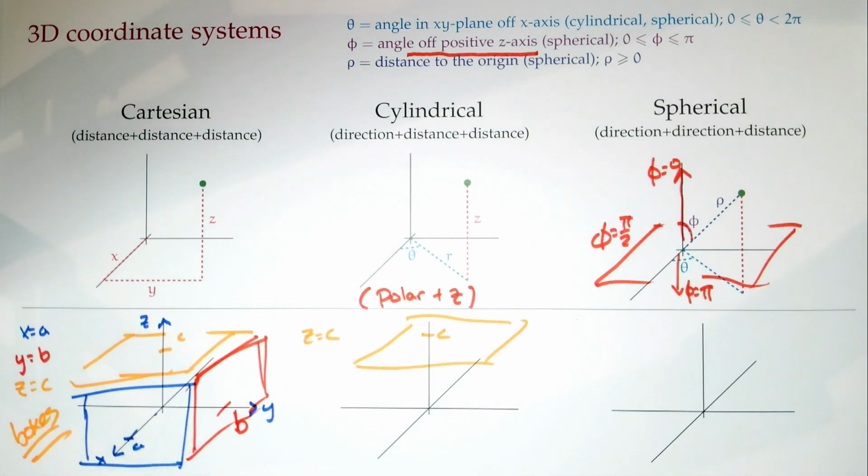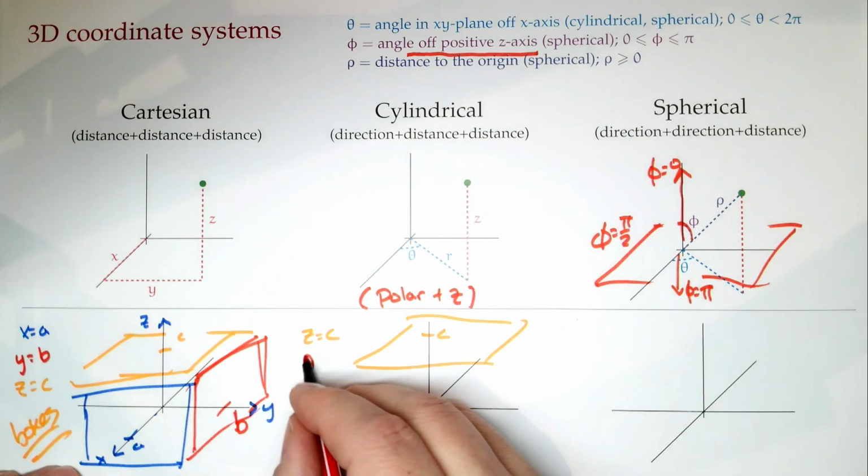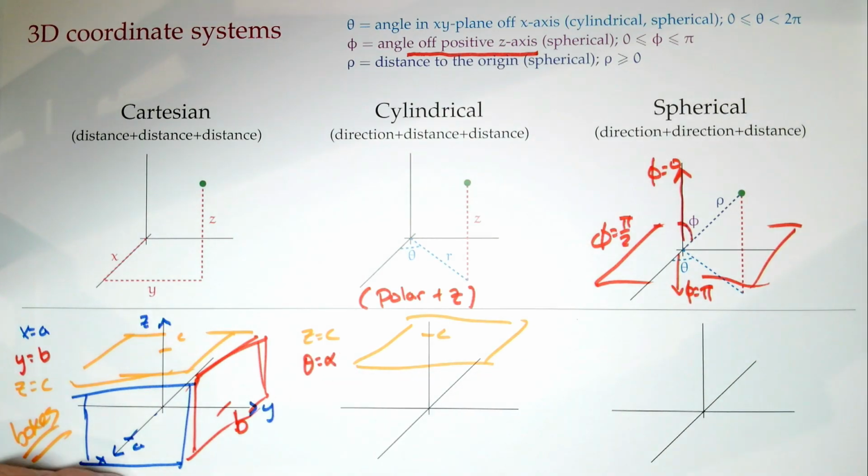All right. Well, how about theta? Suppose I fix theta. What would I see? So theta being fixed to some angle. Well, I would have a plane. You can think of it in the following way. Start in the xy plane, and I go some direction here where this angle is alpha.